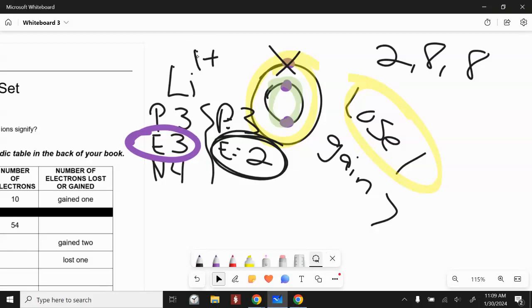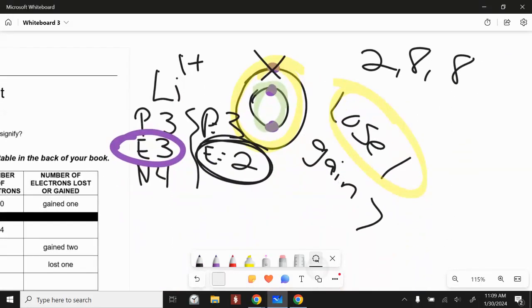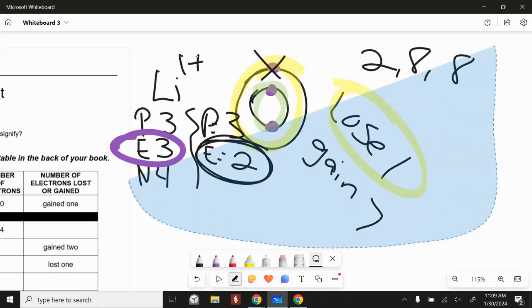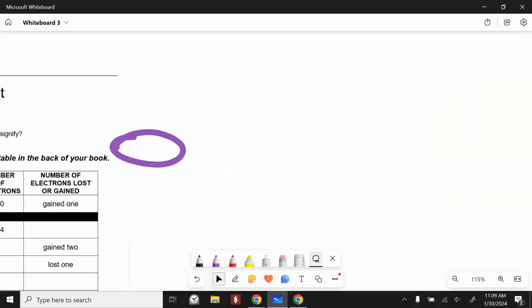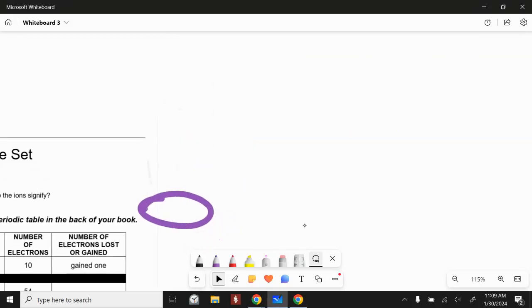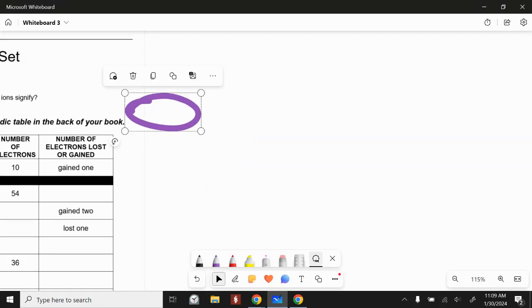So let's practice and look at this some more. And for some reason it didn't take that one. Let's take another look at boron.